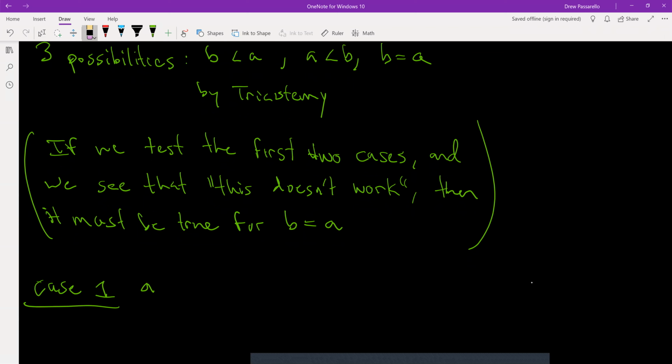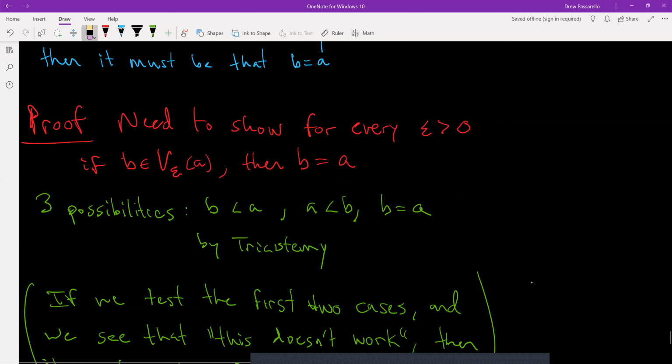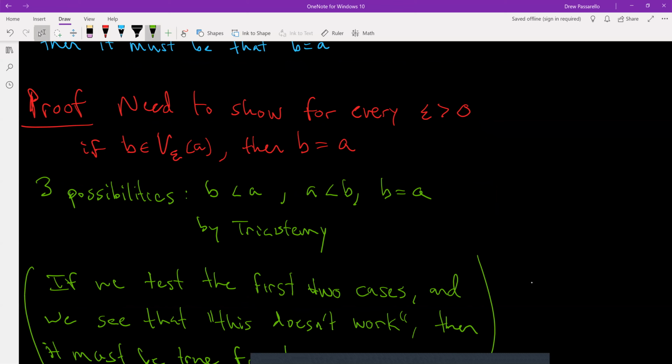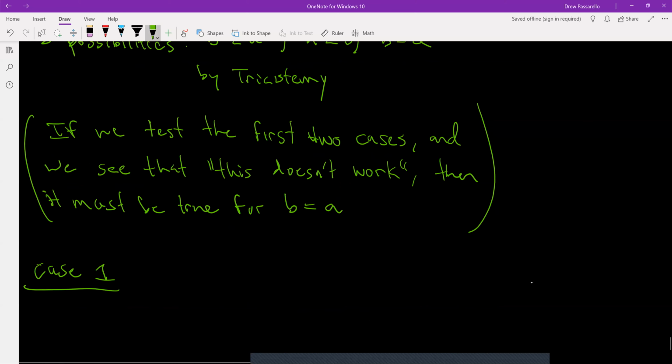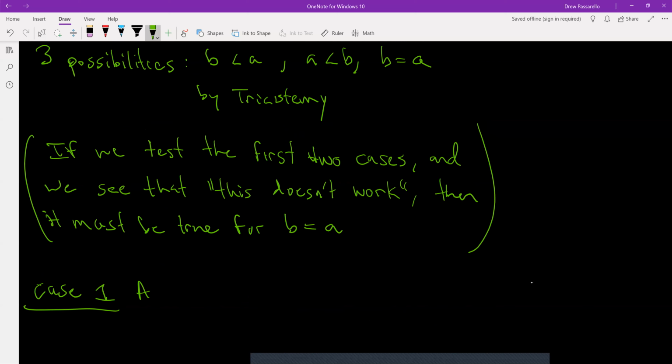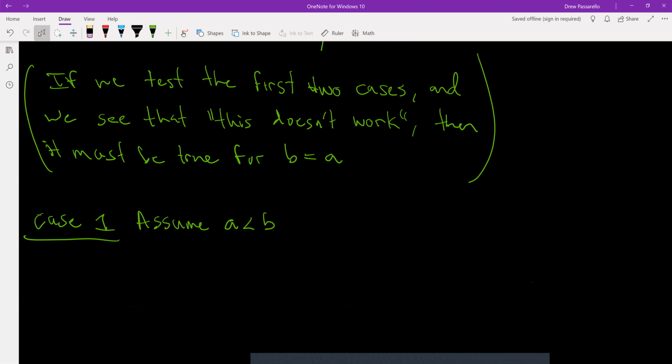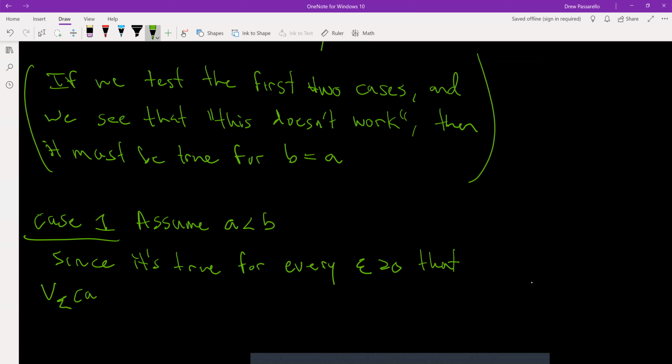In this case, again, we're going to assume that for every epsilon B's in the epsilon neighborhood, but in this case, let's assume A is less than B. Now, since it's true for every epsilon that B is inside of that epsilon neighborhood around A, I can pick any value that I want for epsilon.